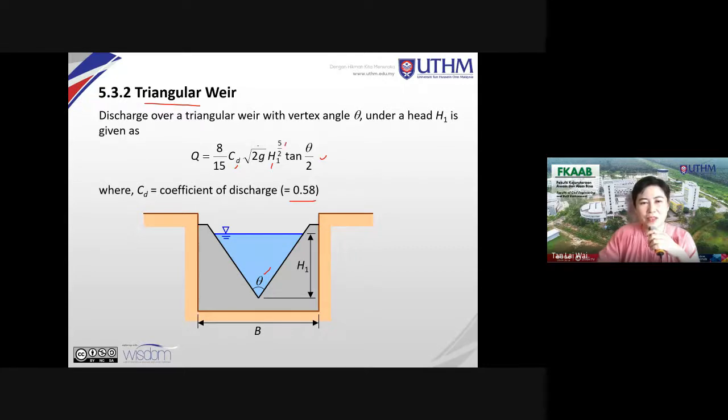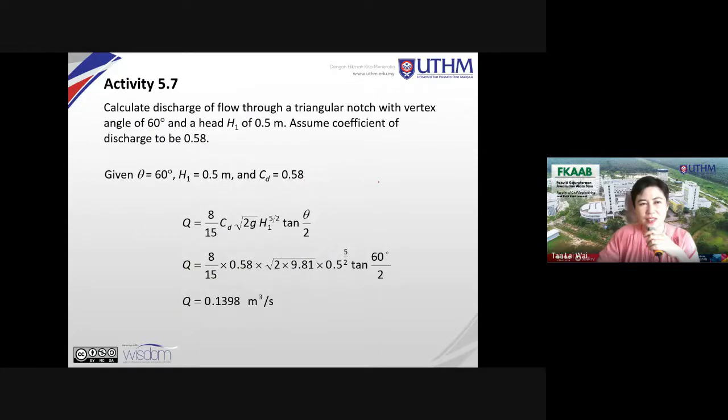Be careful of the constants that are used. If you look at activity 5.7, it asks you to calculate the discharge or flow through a triangular notch with a vertex angle of 60 degrees and a head of 0.5 meter.